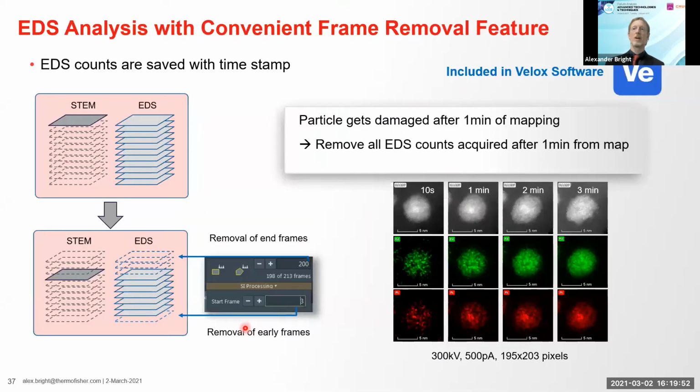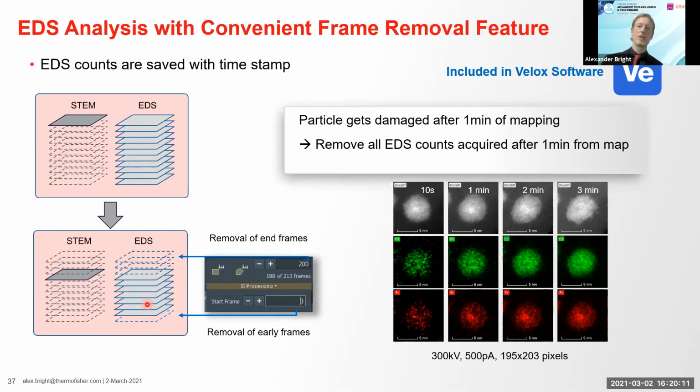A useful feature in the software now is frame removal. With frame removal, we acquire time-dependent EDS, and at a certain point, you can decide later that damage has occurred.